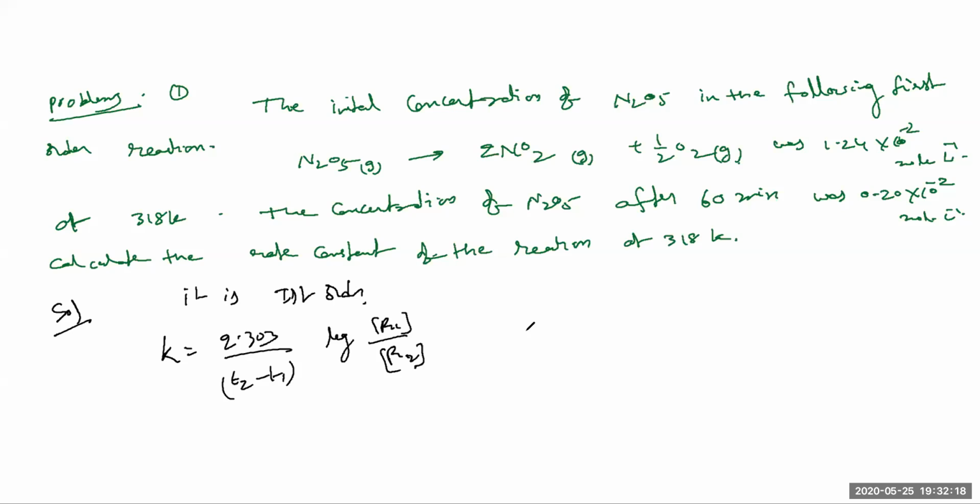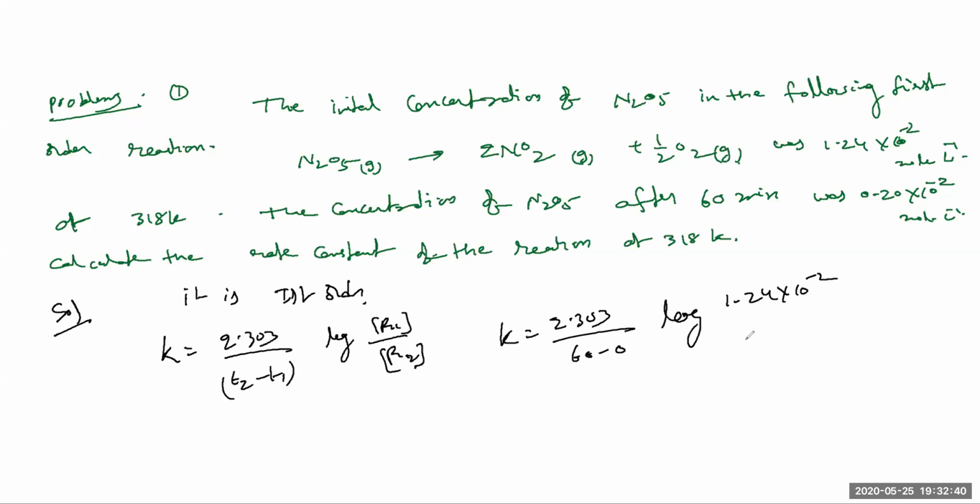So k is equal to 2.303 by the time: initially t1 is 0, t2 is 60. So 60 minus 0 into log of the initial concentration given, 1.24 into 10 power minus 2.